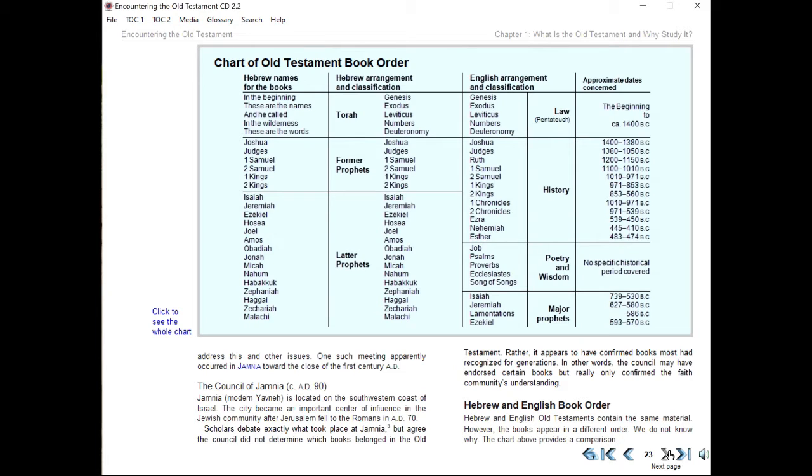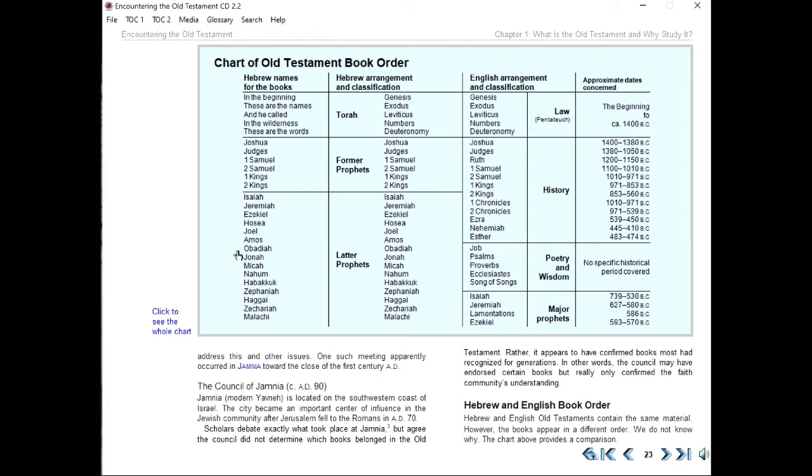In the beginning, these are the names, and he called, in the wilderness, these are the words, Joshua, Judges, 1 Samuel, 2 Samuel, 1 Kings, 2 Kings, Isaiah, Jeremiah, Ezekiel, Hosea, Joel, Amos, Obadiah, Jonah, Micah, Nahum, Habakkuk, Zephaniah, Haggai, Zechariah, and Malachi. Here's the Hebrew arrangement and classifications.